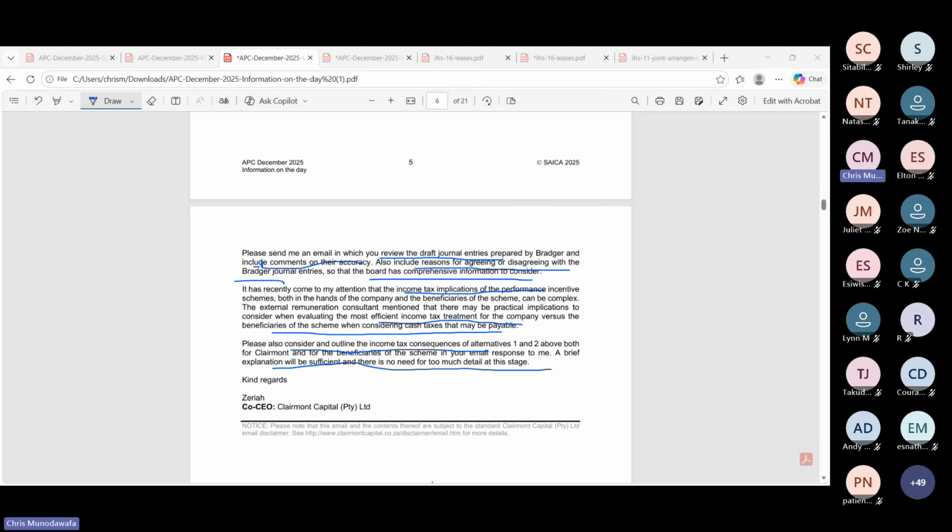Number two, identify the separate components hidden inside one sentence. Number three, address all the relevant technical disciplines, for example the income tax implication side, but also the accounting implication side.